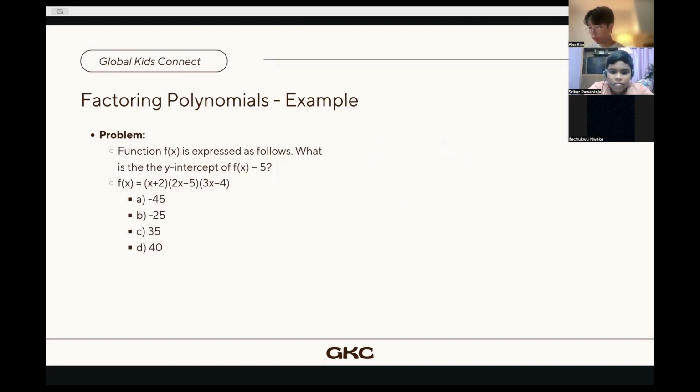If we just try to solve it, we can write down f(x) minus 5 as (x plus 2) times (2x minus 5) times (3x minus 4), and at the end we add a minus 5 because we added a minus 5 to this part here.